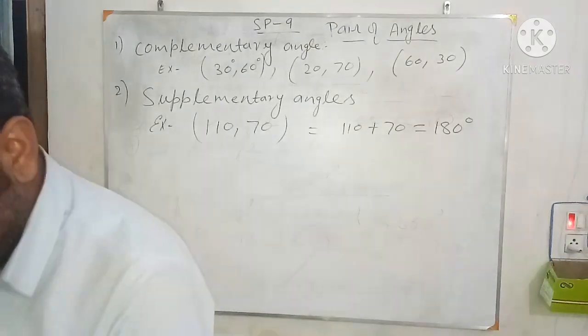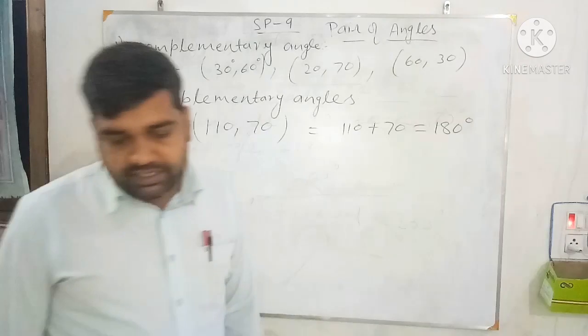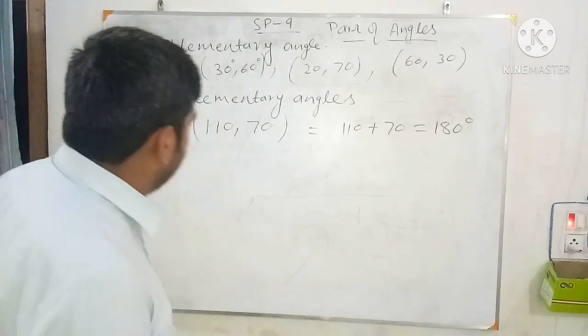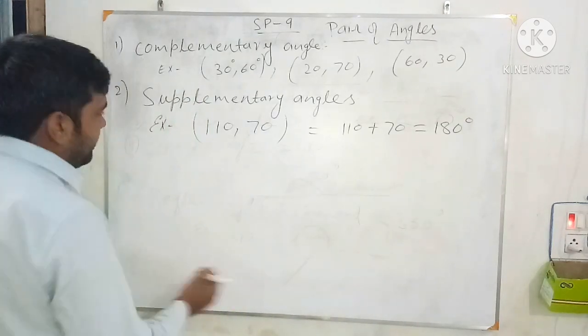So next is the adjacent angles. Adjacent means next angle. Suppose many angles are there.